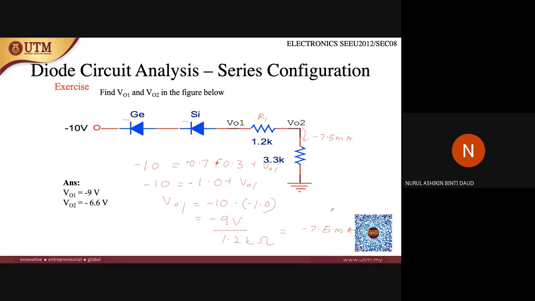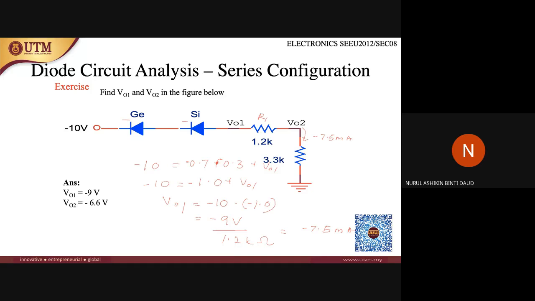Is it correct? Did I do 9 divided by 1.2? Did you do it? How much did you get? Negative 7.5 milliampere. Okay, so same, negative 7.5 milliampere.